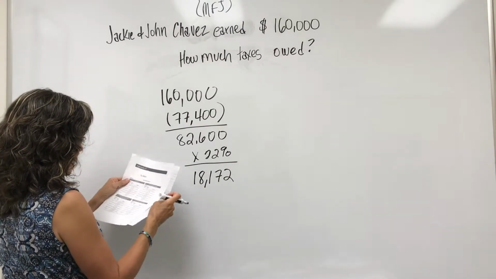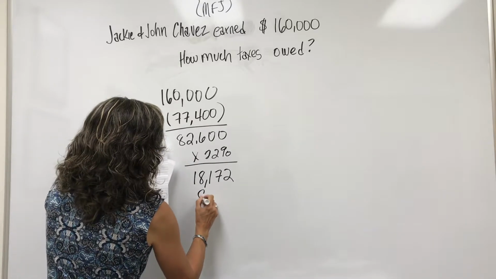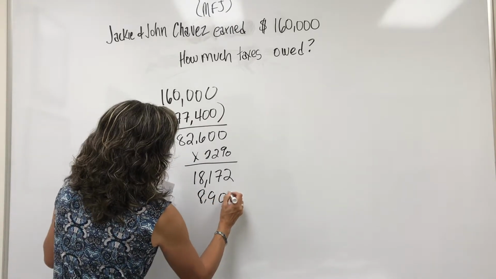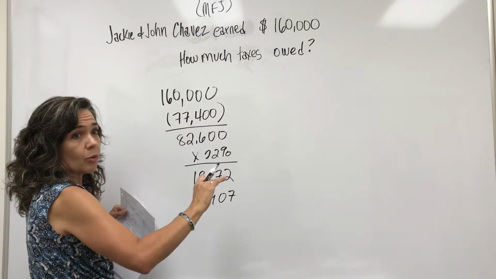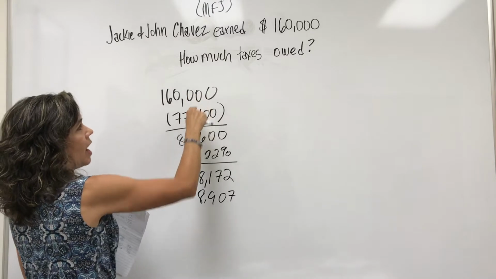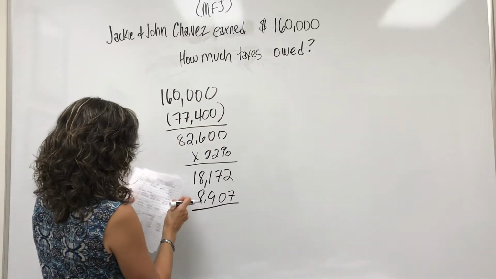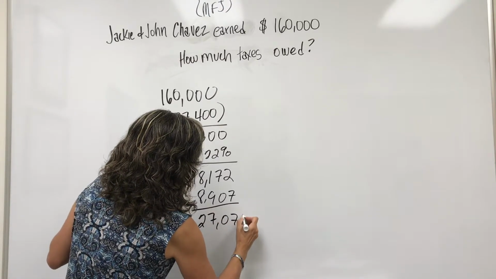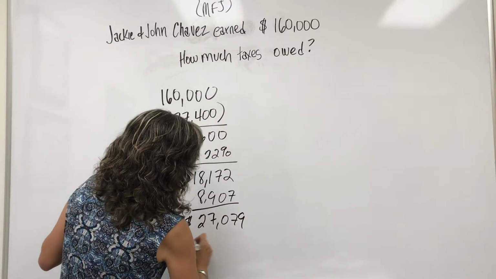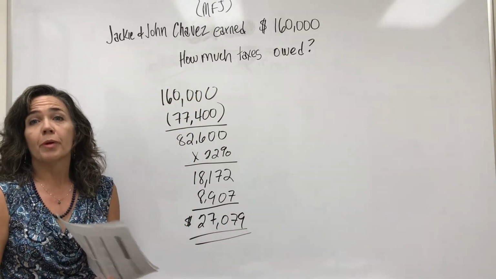And then the figure that it has already given you is 88,907, and that's the layered tax amounts all the way up to that earning, how much tax would have been owed. So I add those two together and I come up with 27,079. That's how much taxes are owed on $160,000 worth of income for married filing joint.